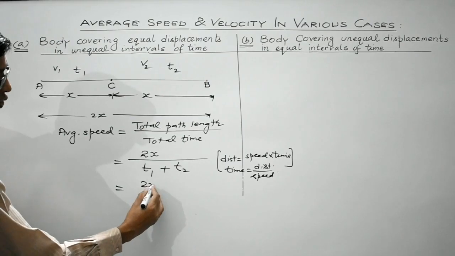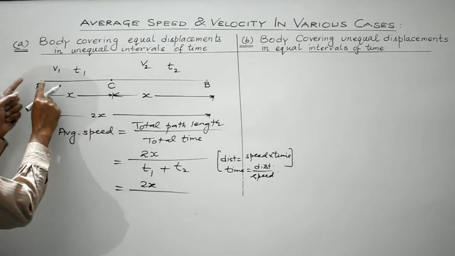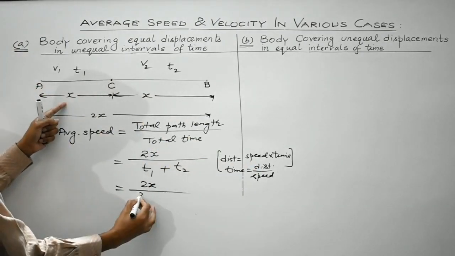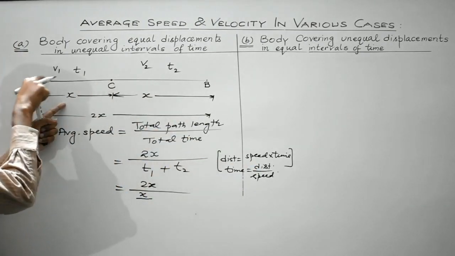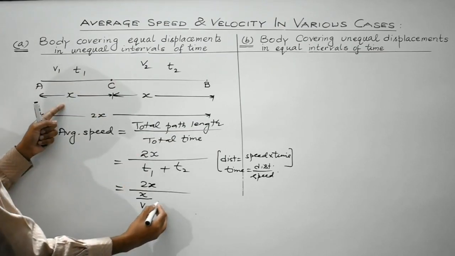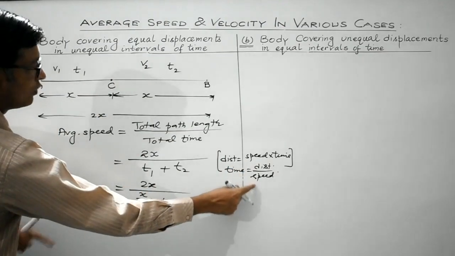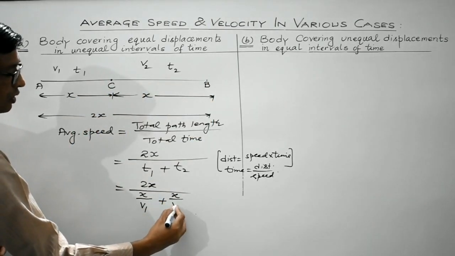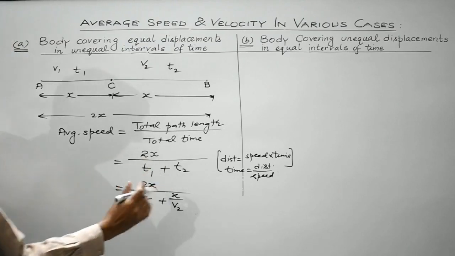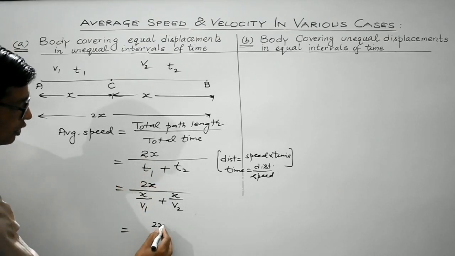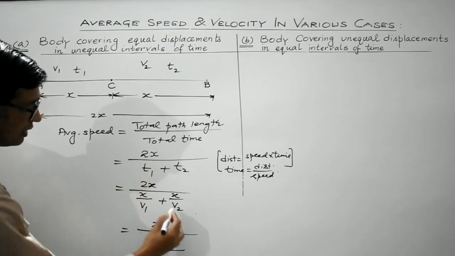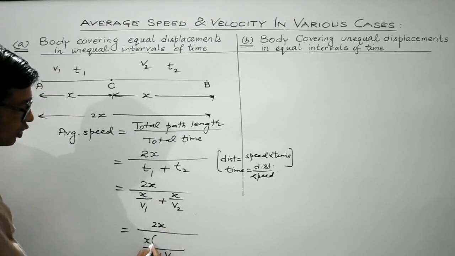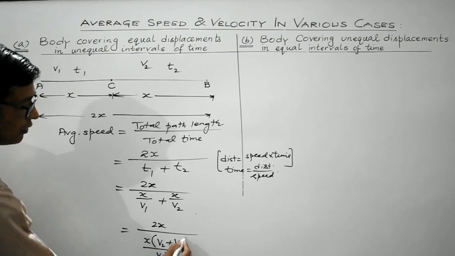So what do we get is 2x over t1 plus t2. T1 is the time taken by the body to move from A to C. The distance from A to C is x, and the speed is v1, so t1 is x over v1. Similarly, t2 is distance over speed, x over v2. We can easily solve it. You get 2x over, the LCM being v1 v2, and x common, so v2 plus v1.